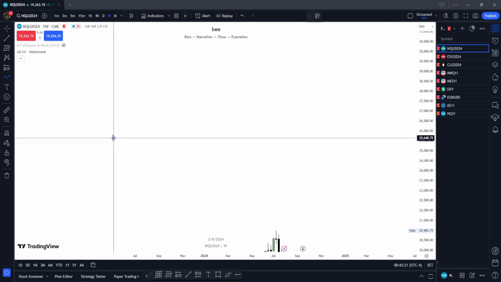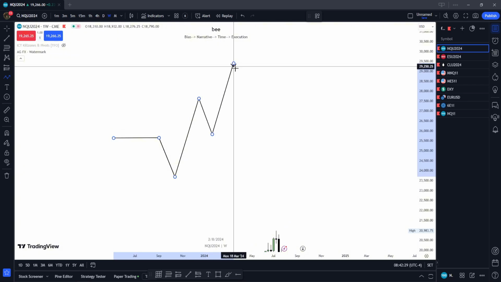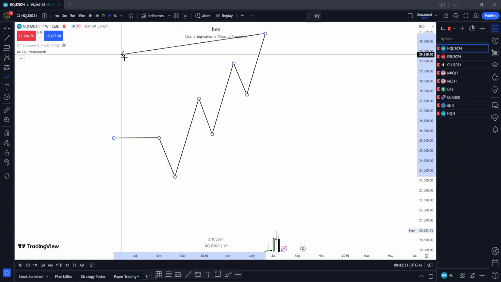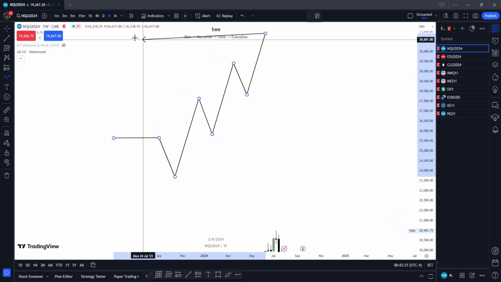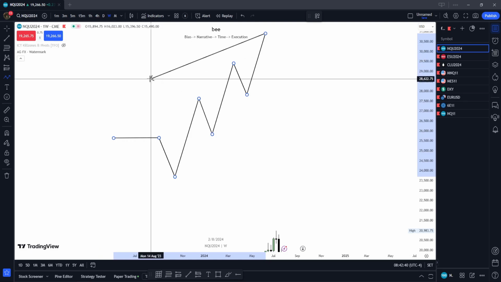Think about a daily candle. Daily candle opens. If a bullish daily candle accumulates, manipulates lower, then distributes to higher, where does it stop? It stops at some kind of objective, the price objective that it had. Maybe a buy side liquidity, maybe some inefficiency, a mitigation block, an order block, doesn't matter.